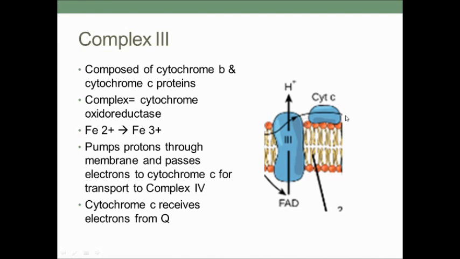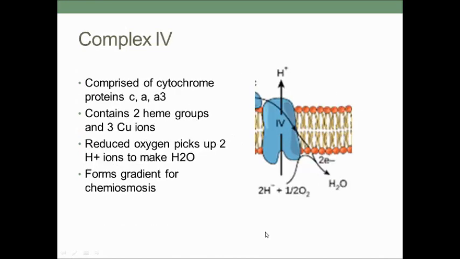Cytochrome C will also receive electrons from Q. So from Q and from complex 3 are electrons that are going to cytochrome C, which is just a mediator to pass electrons on to complex 4. Complex 4 is comprised of proteins that are cytochrome proteins A and A3.